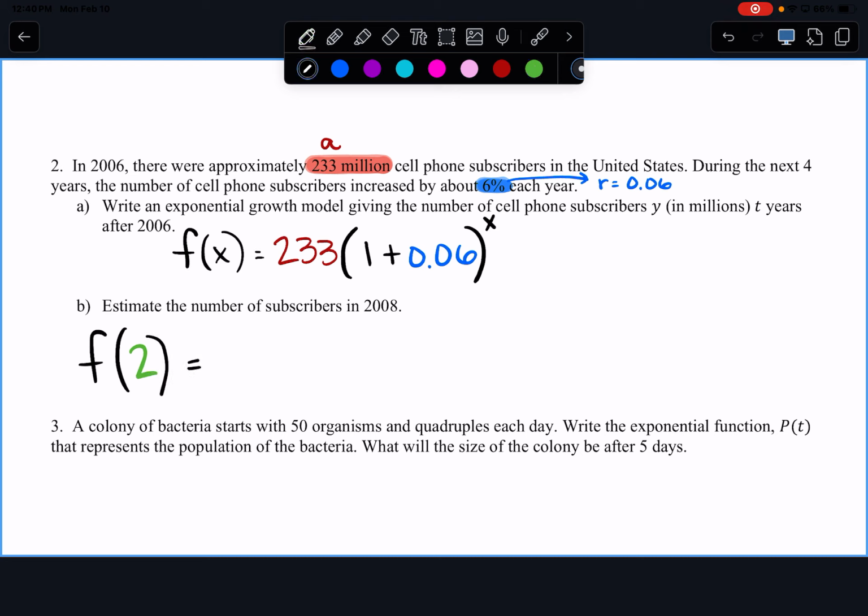So we're going to do 233 times 1.06 to what power? To the second power. And when we do that, what do we get? 261.79. Okay, so let's just do 1 decimal place. So 261.8.